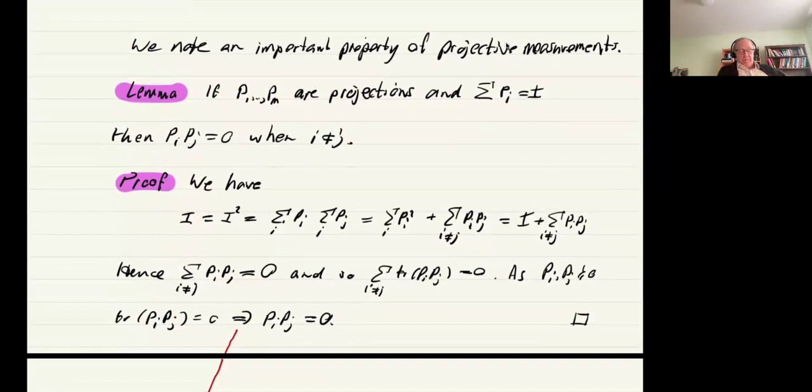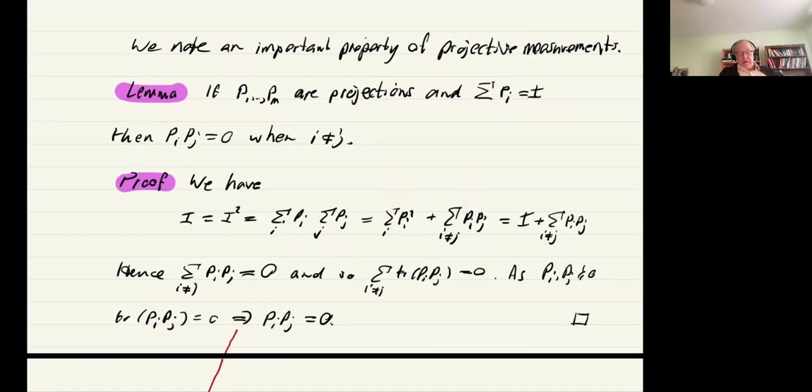Okay, and so here's a proof. Well, you have the identity, which is equal to I squared, and that's equal to this product. So now you multiply it out, and you get a sum of the squares of the Pi's and the sum of the non-diagonal terms.